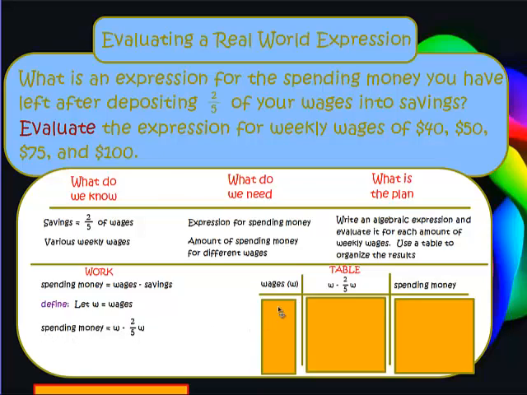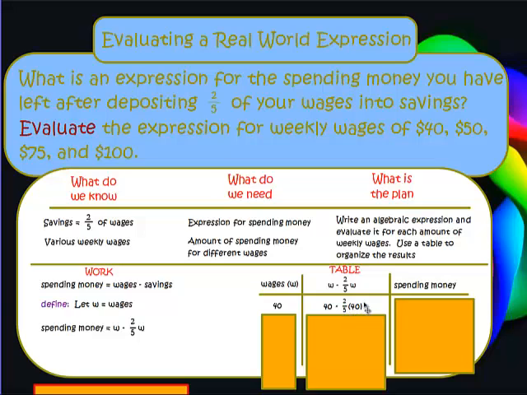So let's start with our wages. The first one says $40, so $40 is my W. Let's put that into this expression: 40 minus 2/5 times 40. How do I evaluate this? Well, first I need to look for any parentheses, any kind of grouping. There's nothing to be done in here.